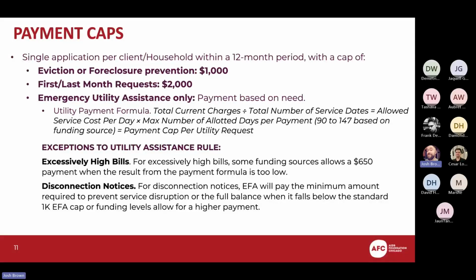A lot of times a client will turn in that they owe $800 to ComEd, but the most recent charges are only $90, right? They've had a total accumulating for a really long time, so the calculation is based on the most recent balance. And Frank can go into more details around that.